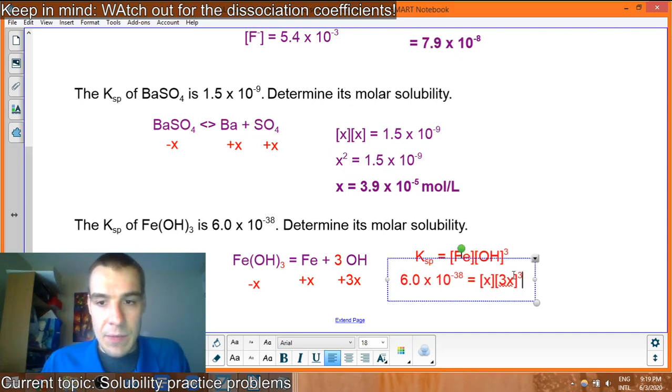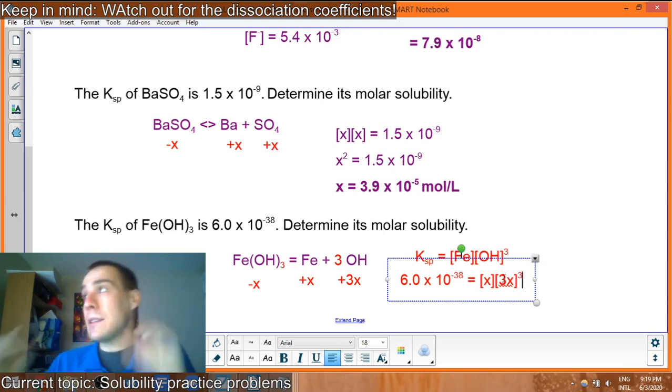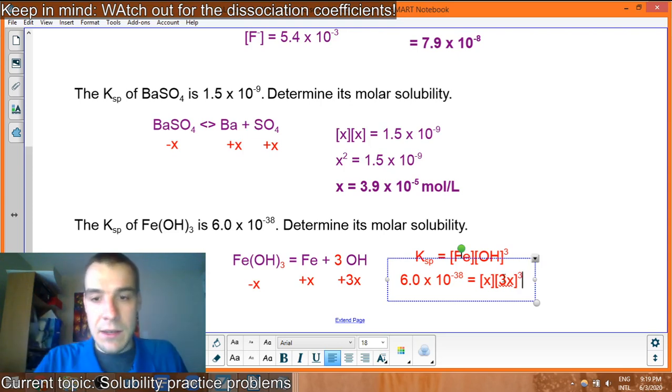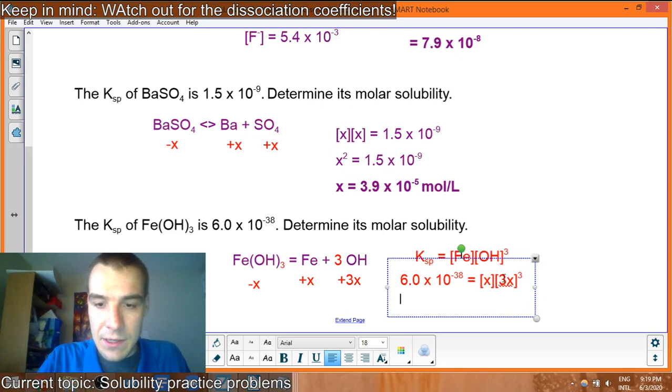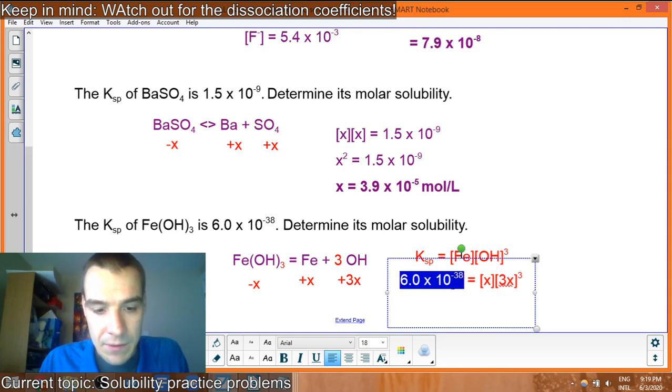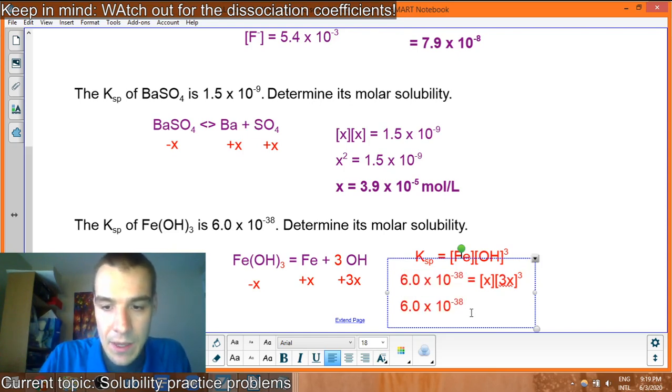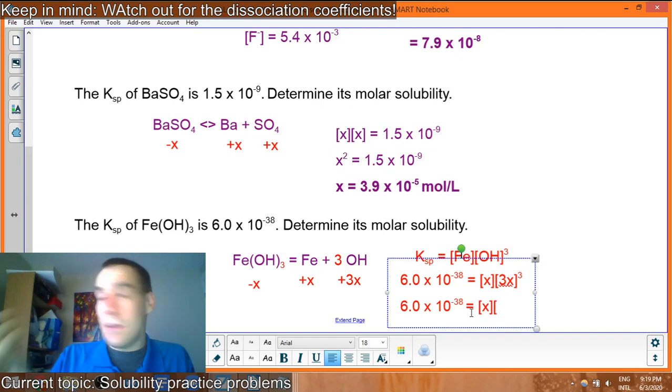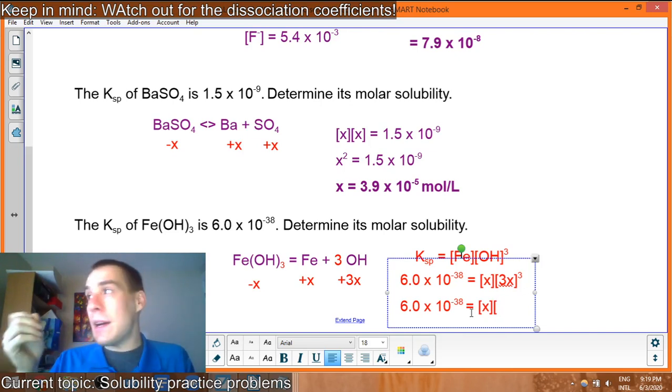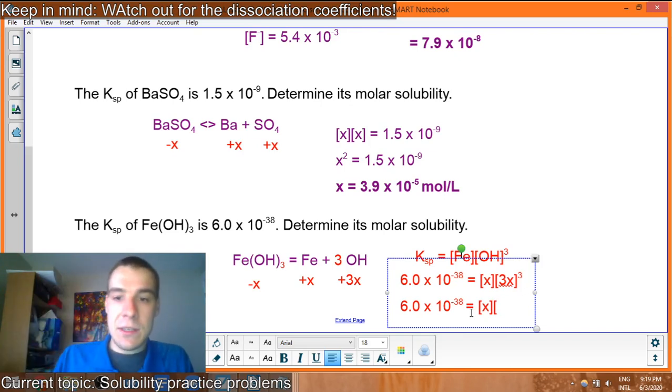So that cubed applies to the 3 and the x because it's inside the brackets. Right? Exponent rules. Hey, you thought you could get away from that in math, huh? But nope, they're still around. So this guy sticks around, we're keeping the same 6.0 times 10 to the negative 38 is equal to x, which stays. Then the 3x cubed, the cubed applies to the 3 and to the x.